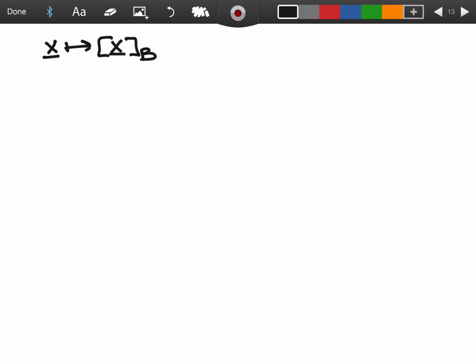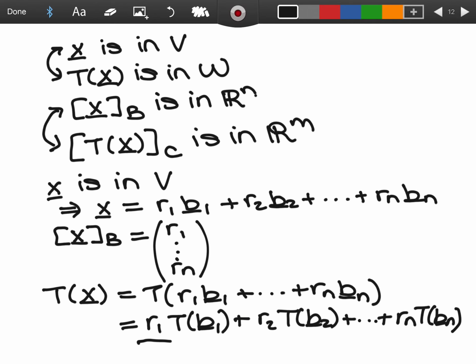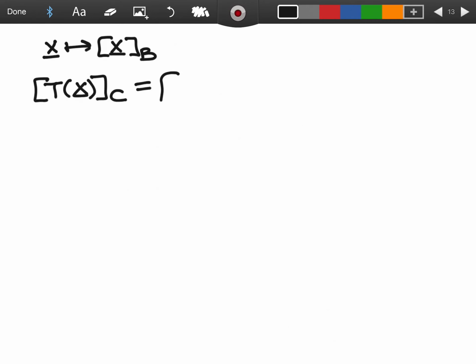So what I can now do is say that I want to find T of X, but I want to find its C coordinate. So I want to find T of X with respect to C. I'm going to do the same type of thing again.